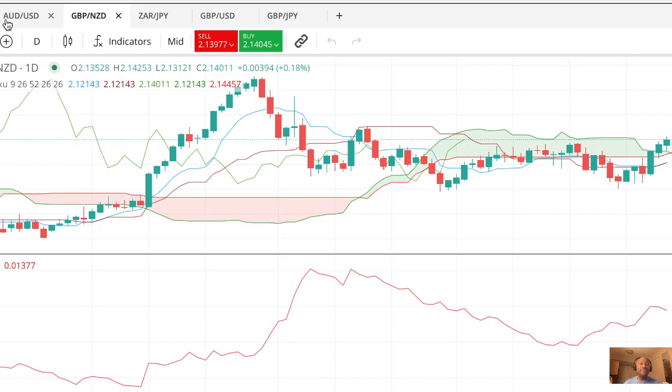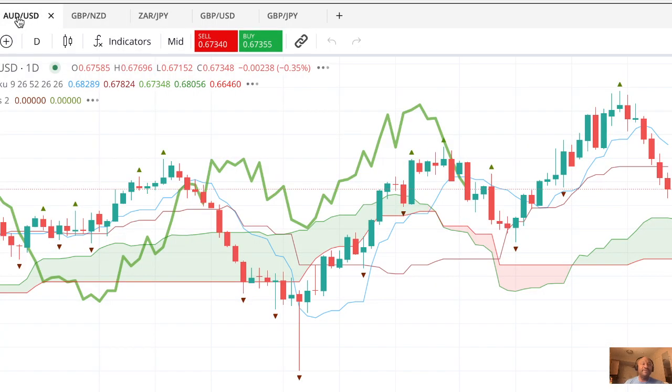There are three currency pairs I would like to bring up to you. But first, I want to admit that I'm not in these pairs. The reason is that I am currently in the cable, which is the British pound US dollar currency pair.